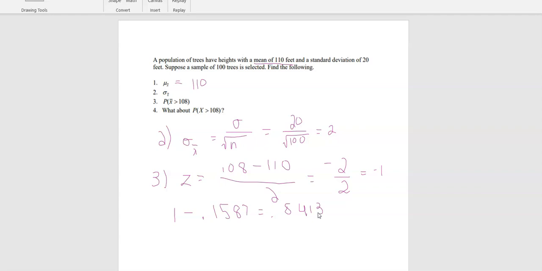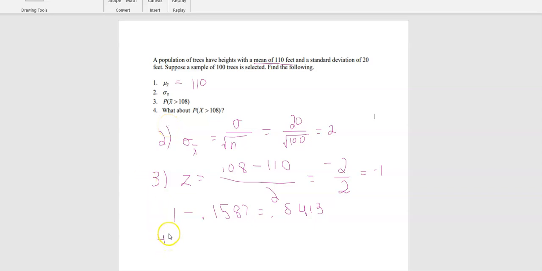But if we have a single value, we need our distribution to be normally distributed. And let's notice here that nothing says that these trees are normally distributed in their height. So we actually can't answer number 4.